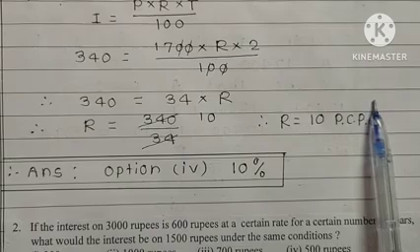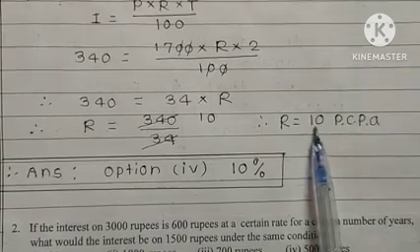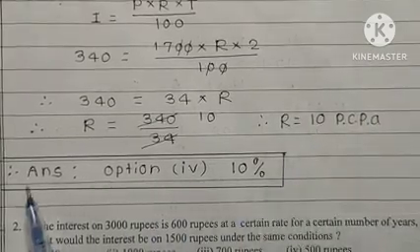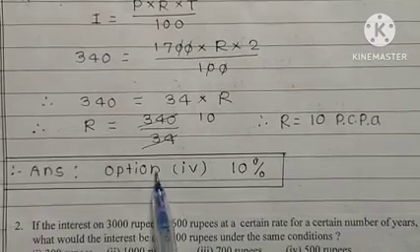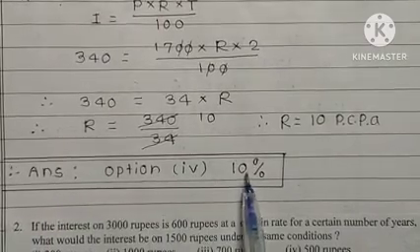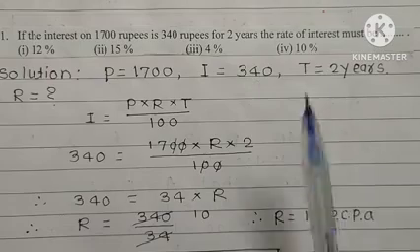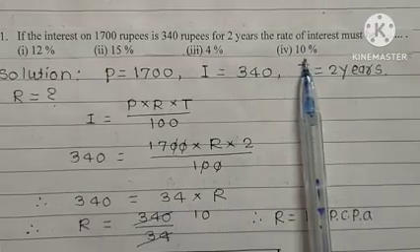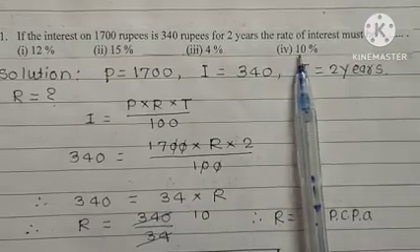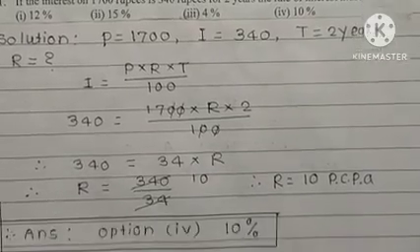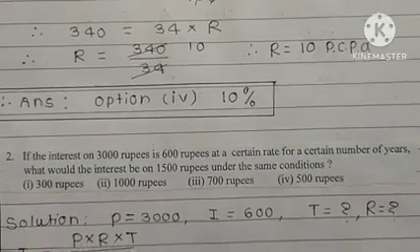This is the value of R. So the answer is option number 4, 10%. This is the answer. Fourth option, 10%.